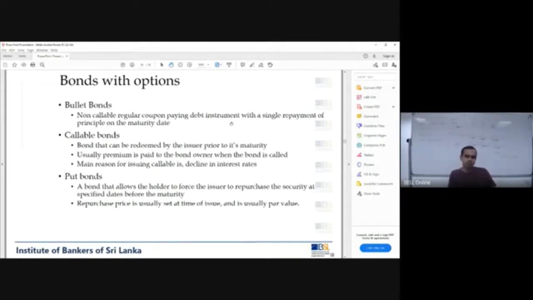Callable bonds are bonds that can be redeemed by the issuer prior to its maturity. Okay, so if interest rates drop, the issuer will call back the bond. That's called callable bonds. Usually a premium is paid to the bond owner when the bond is called.